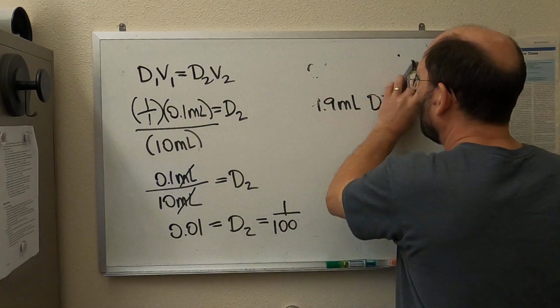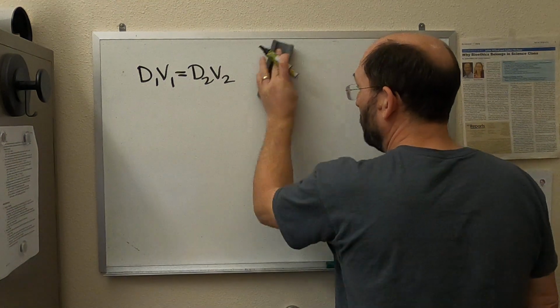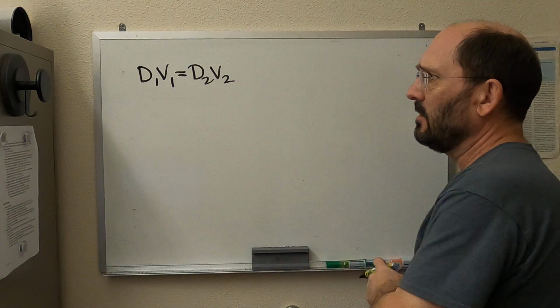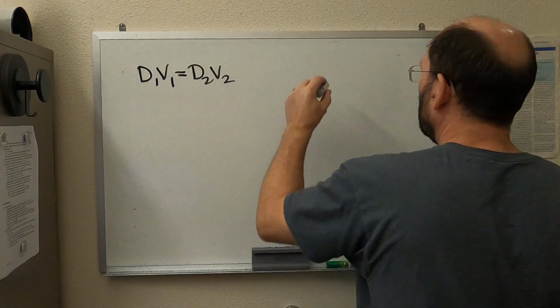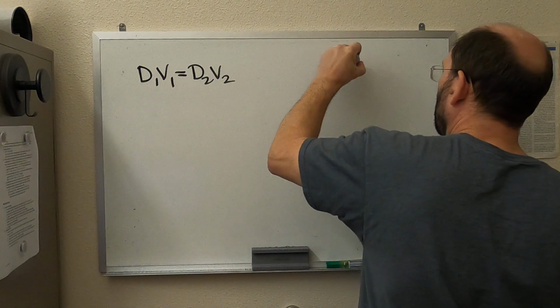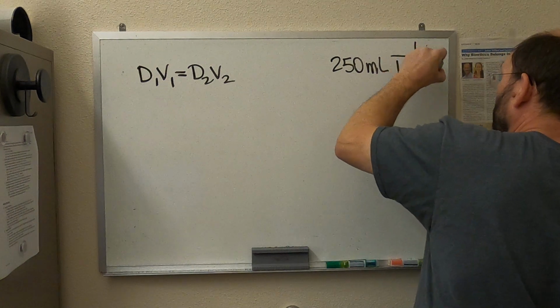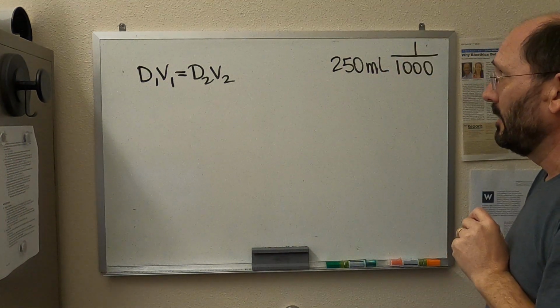Let's try a different one, where we're going to be solving for a different quantity. Instead of D2, we're going to solve for something else. The second example in your lab asks what volume of a solution would be required to produce 250 milliliters of a 1-to-1000 dilution, starting with the stock.